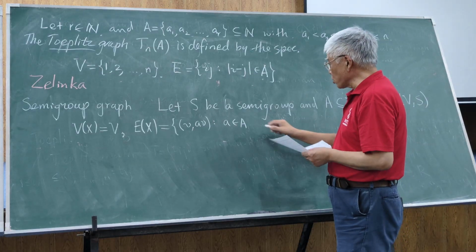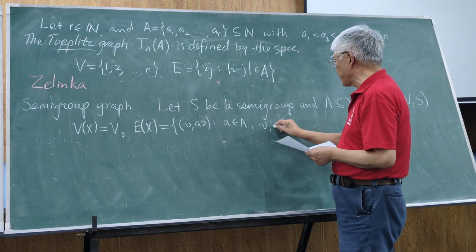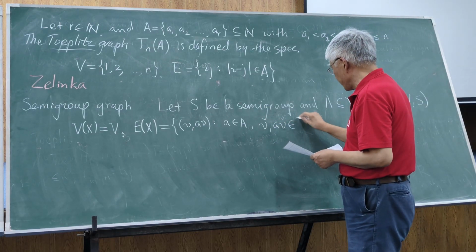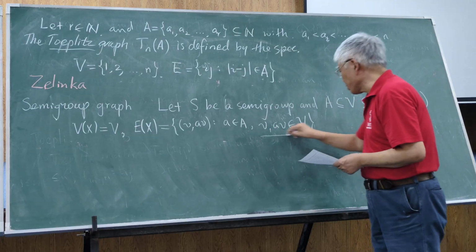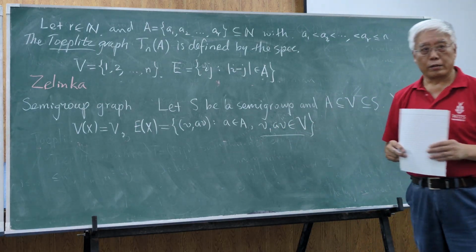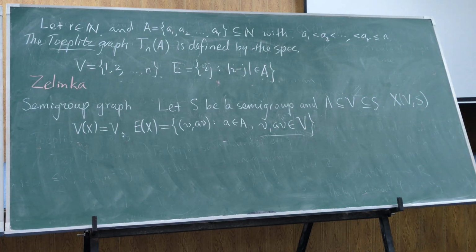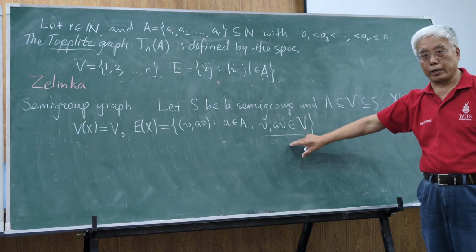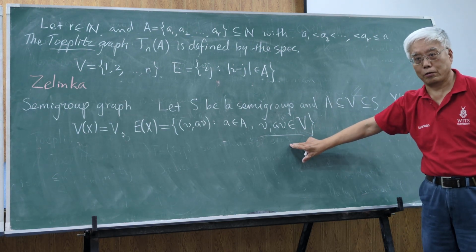And then we need to also require that both b and ab are in B. This condition, the referee can question you. If you have a good reason to include this, you will be instantly convinced. Otherwise, this looks arbitrary or artificial.